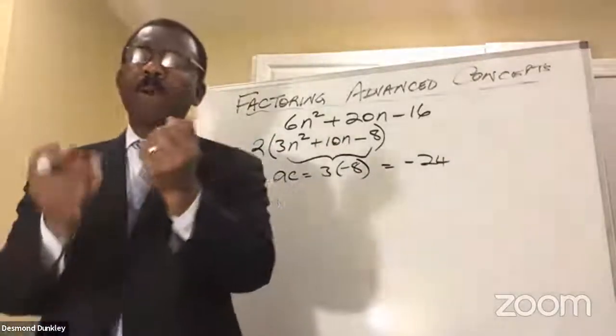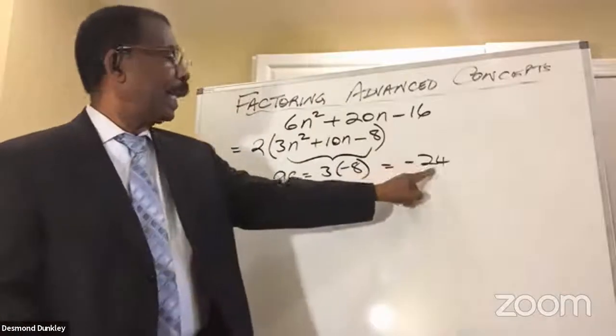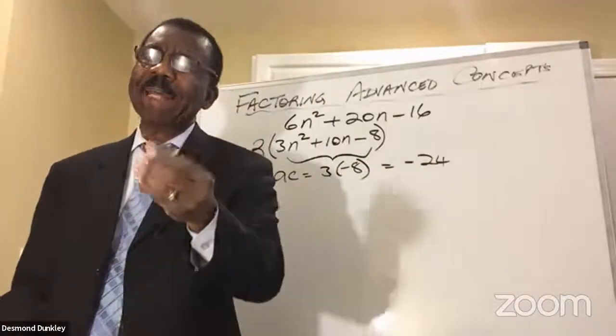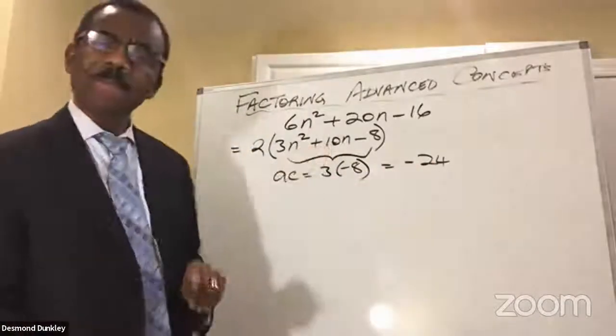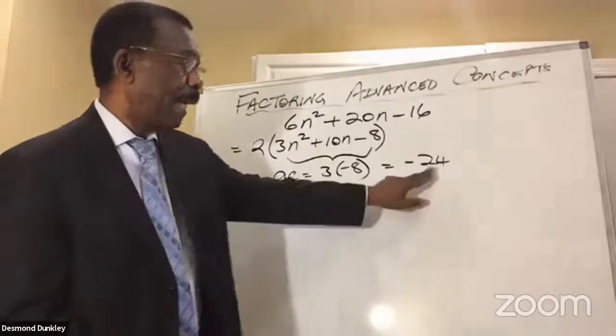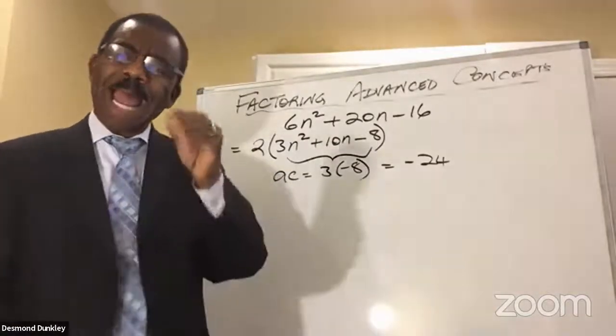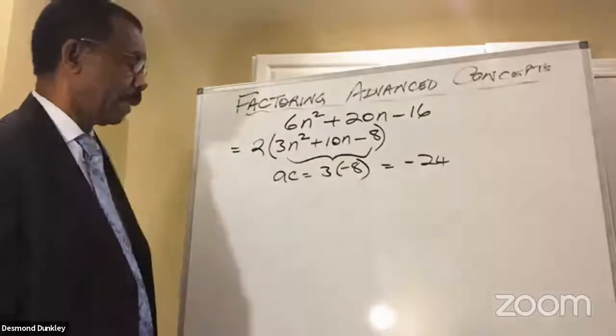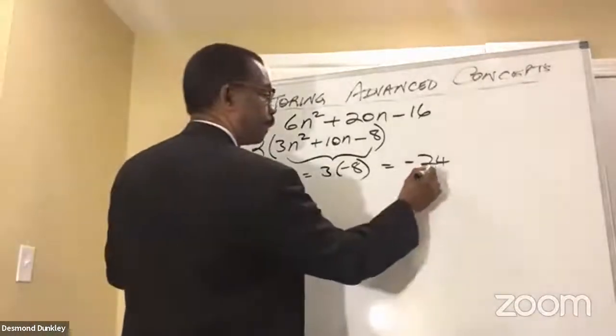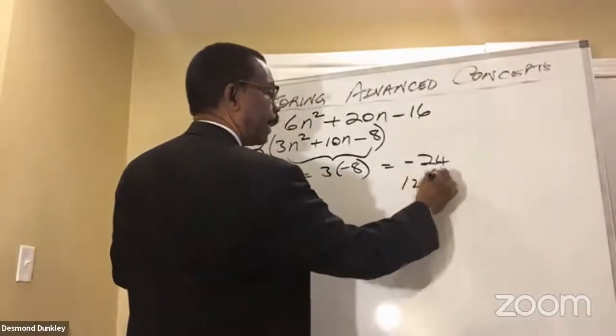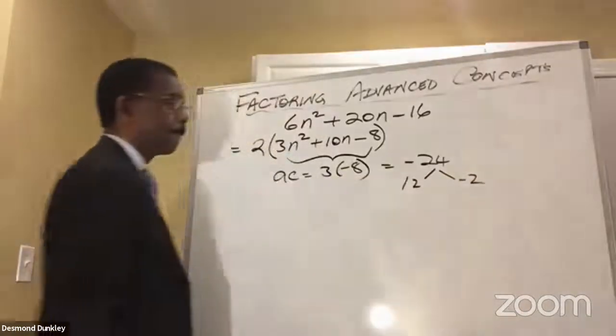What two numbers multiply to give us negative 24 and add to give us positive 10? I can think of 12 and negative 2.